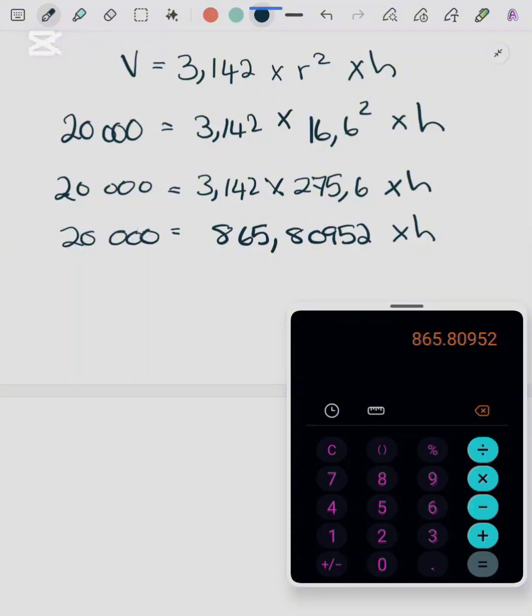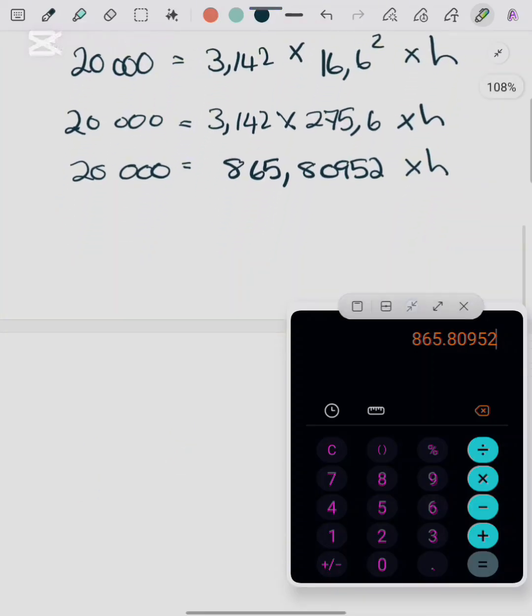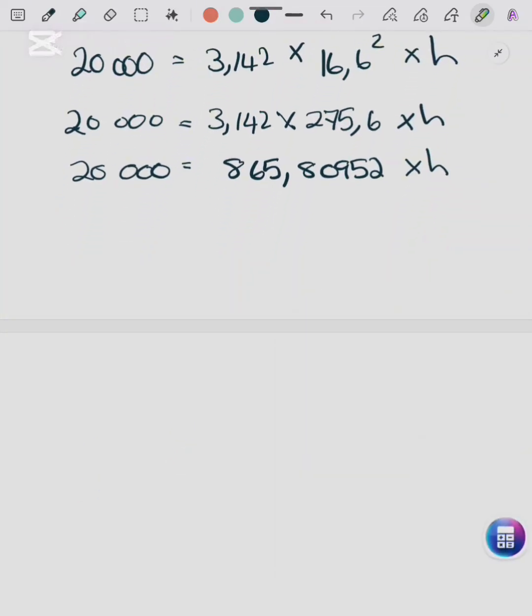Now this is the point where you hopefully will recognize that I've got a number times the height that gave me this 20,000. So the question is, what times this gave me that 20,000? And we can work that out by dividing. This is a very similar concept as when you say something like, it cost me 50 Rand for 10 items.